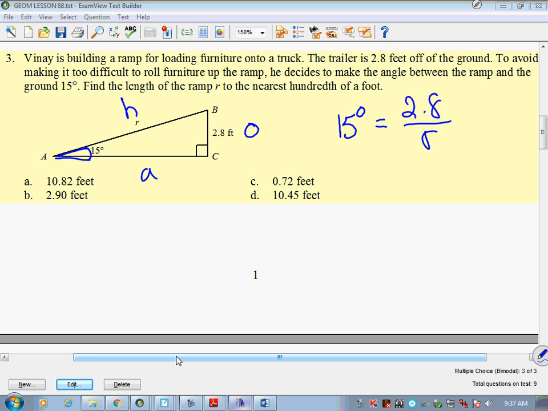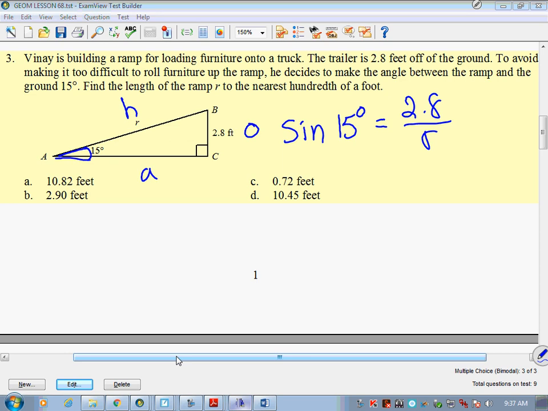So what is 2.8 over r? O over h. What trigonometric function uses O over h? Sine. So I'm going to put that trig function here. Sine 15 degrees equals the ratio 2.8 over r.